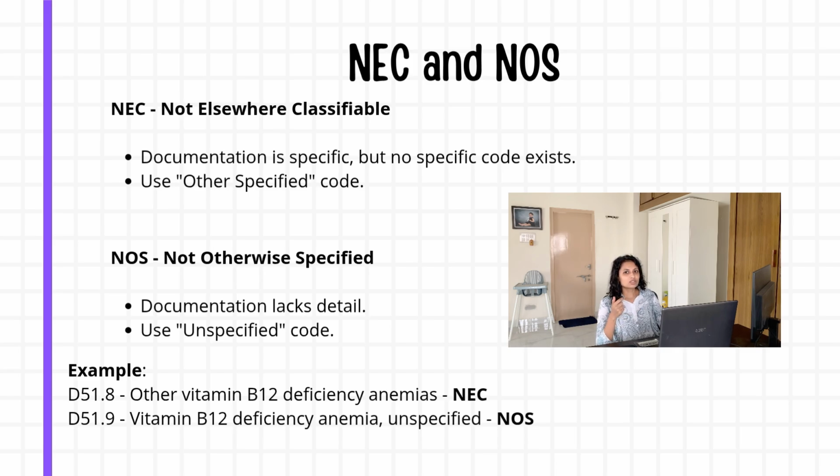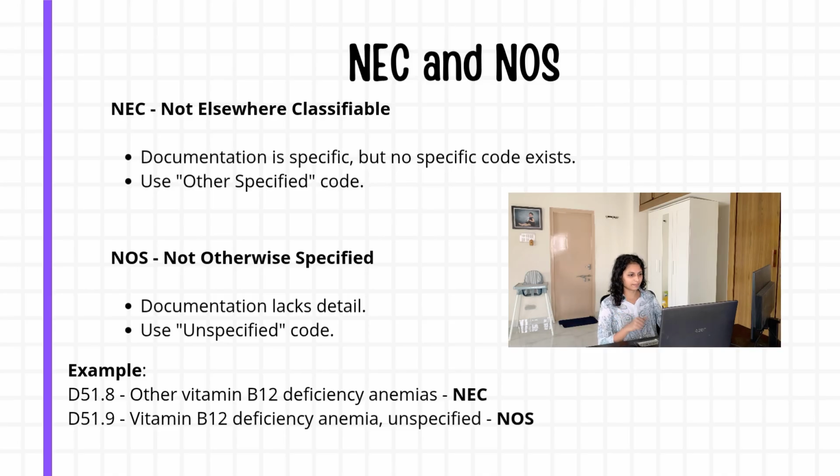But there is no specific code in ICD-10-CM. So the coder uses the other specified code for this. D51.8, other specified vitamin B12 deficiency anemia. In simpler words, the doctor knows exactly what the diagnosis is, but ICD-10-CM doesn't have a specific code for this.